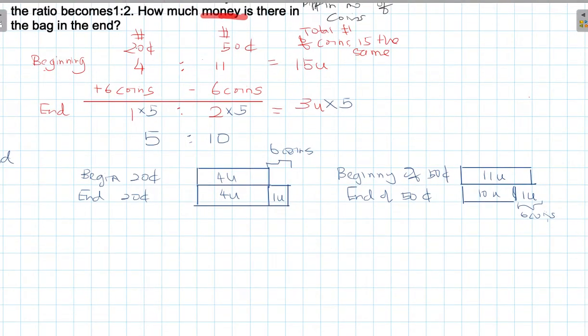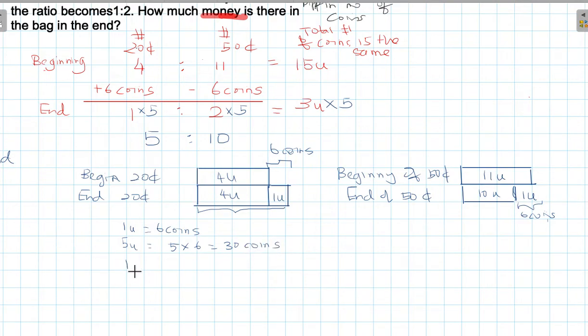Then we can go and find what is the money in the end. In the end, I know that 1 unit equals to 6 coins. The end total for the 20 cent coin, I have 5 units. So 5 times 6 will be actually 30 coins.